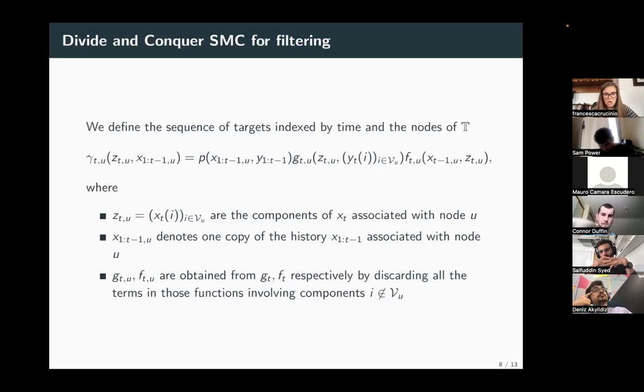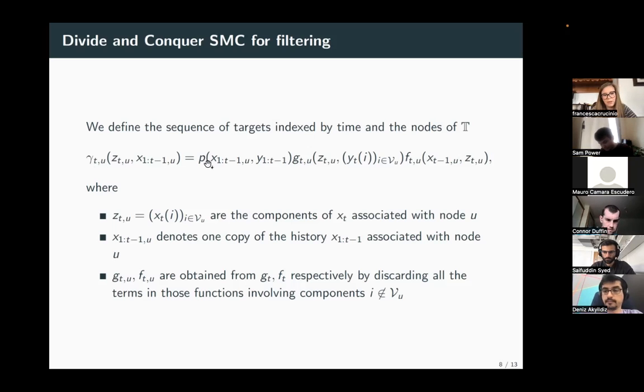The novelty with respect to the standard version of divide and conquer SMC is that now we not only move from leaf to root of a tree, we also move forward in time. So our target distribution evolves in time and space. So it's a very, very extended target. I'm showing over here just the first level of this extension that we need to do to cast everything into the SMC framework.